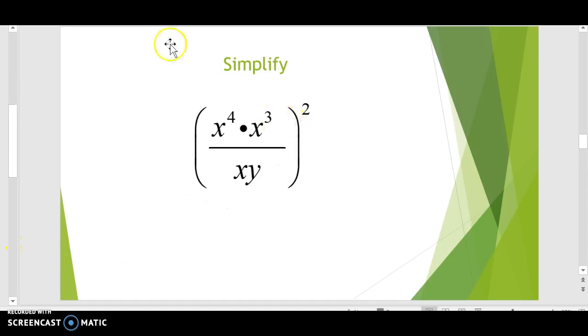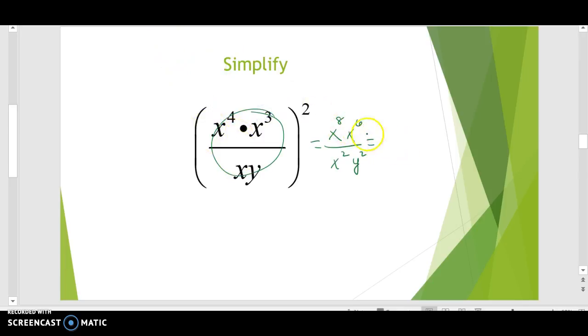Number 8. Everything inside here is going to get raised to the 2nd power. So x to the 4th to the 2nd, multiply, so I get x to the 8th, times x to the 3 times 2 is 6, over x to the 2nd, y to the 2nd. So I raise everything in here to the 2nd power.